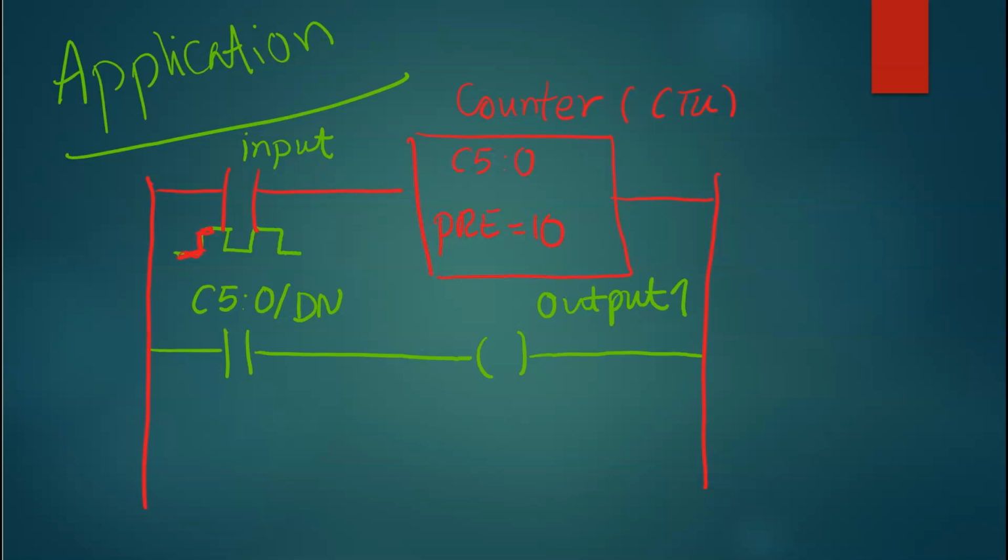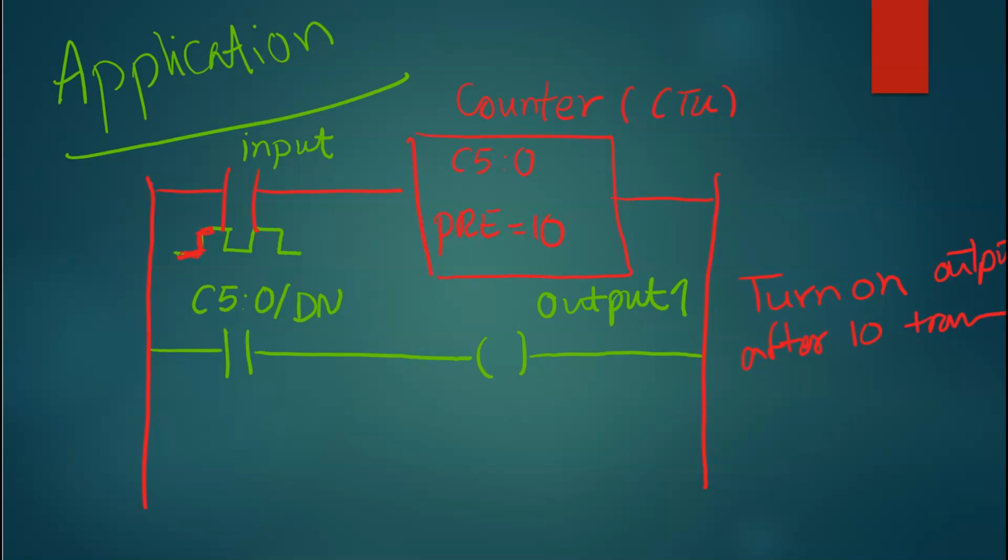So this rung shows how I can turn on an output field device, turn on my output after 10 transitions.